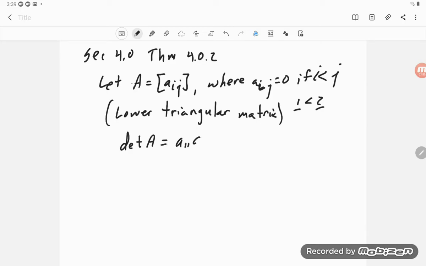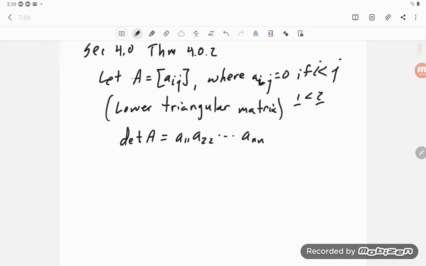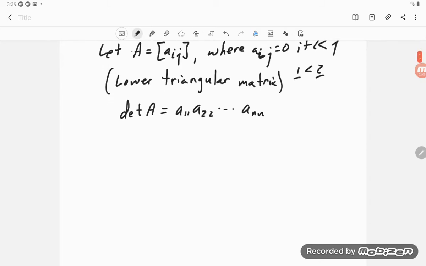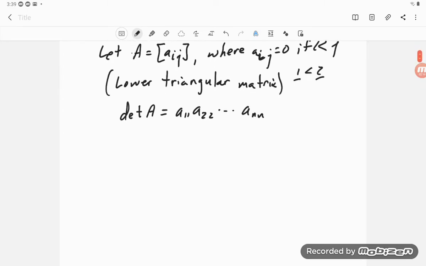So A11 times A22 all the way to Ann. So that's pretty cool. And so in particular, a diagonal matrix is lower triangular. And so for a diagonal matrix, you would just multiply the items in the diagonal. And so here they have a proof, and it's by induction.